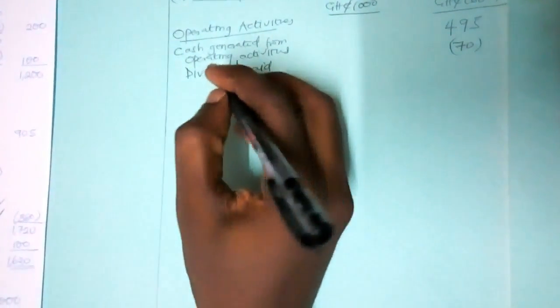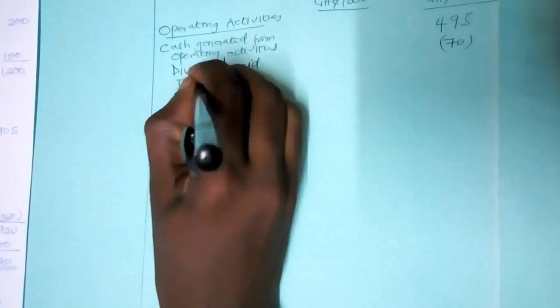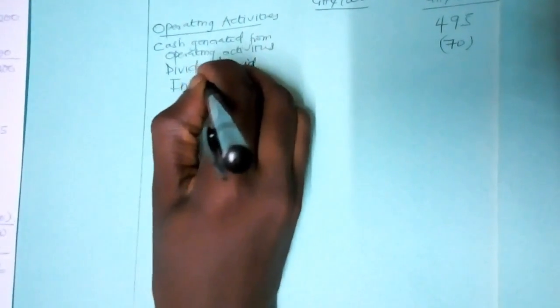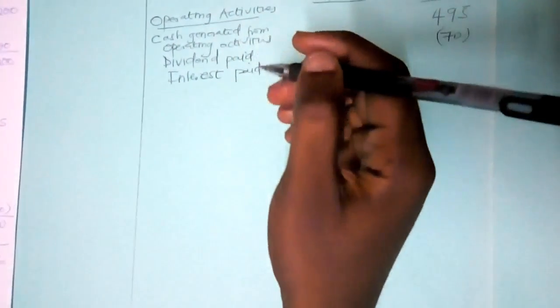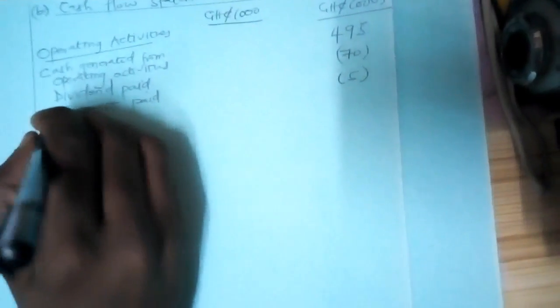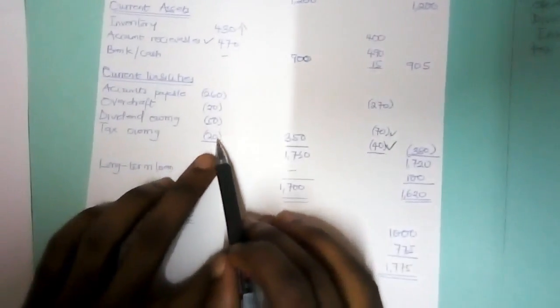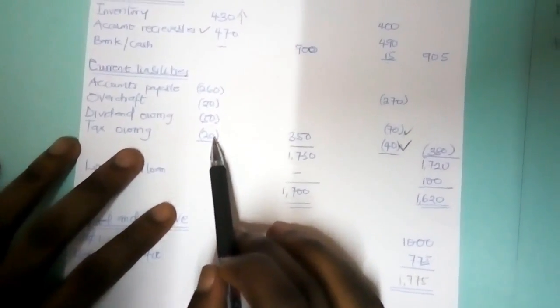Then we'll go to interest paid. The interest the question gave was 5, so we also subtract. Anything we are subtracting from the operating activity. Then we go to tax paid. The tax paid in the question, we use the current year, the amount they paid, which is 20,000.